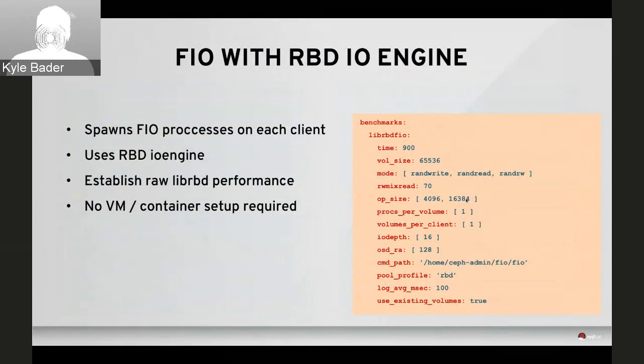Volume size, that's the size in megabytes that you want the volume to be created. You can specify the different modes, whether random read or random write. If you want to do a read-write mix, you can specify the percentage of reads that you want. List your op sizes and whether you want multiple processes per volume, or multiple volumes per client.